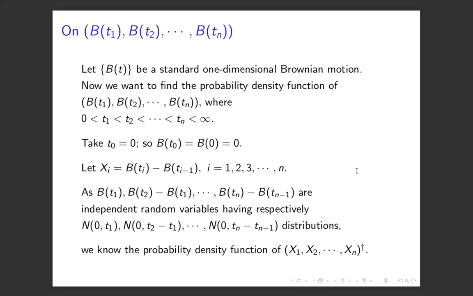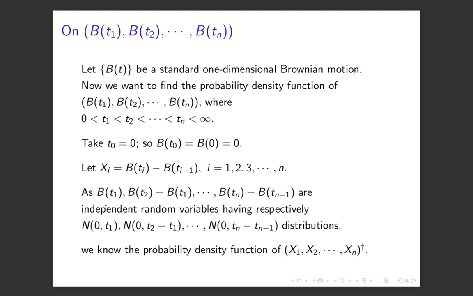Since B is the standard Brownian motion, we know that these xi's are independent random variables, and respectively, the first one has N(0, t1) distribution, then N(0, t2 minus t1) distribution, and the last one has N(0, tn minus tn-1) distribution.